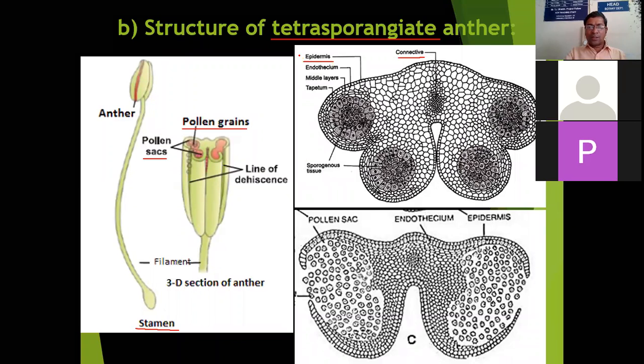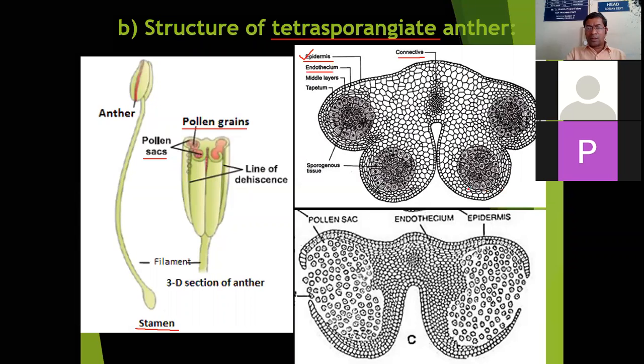It is followed by the endothecium. This endothecium is present just below the epidermis, and it is 1 to 2 layered in thickness.